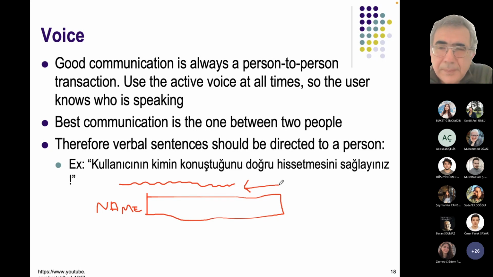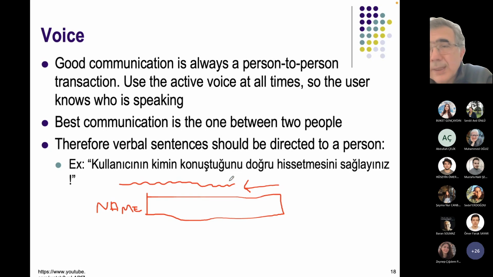On the other hand, an alternative: "Name of the applicant must be entered below." Do you think it is good? It is not good because it's not directed voice in the language.